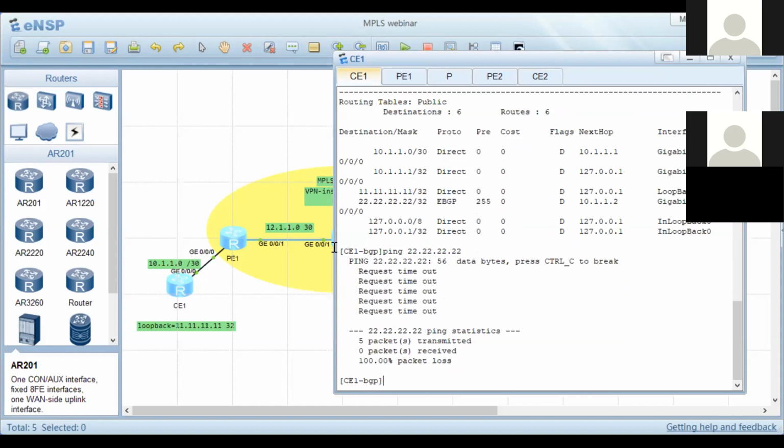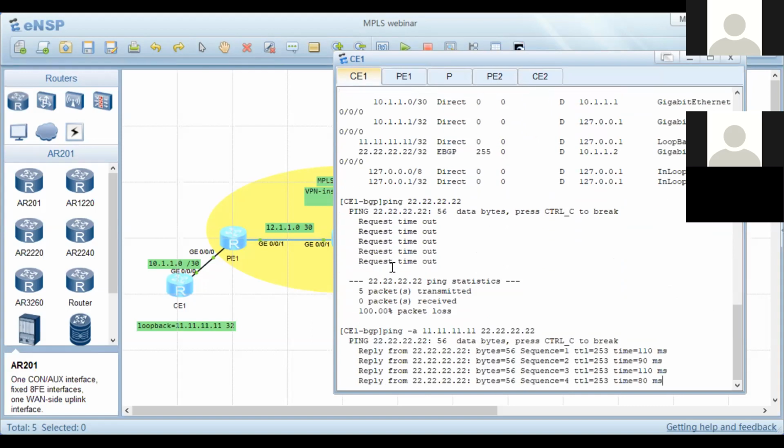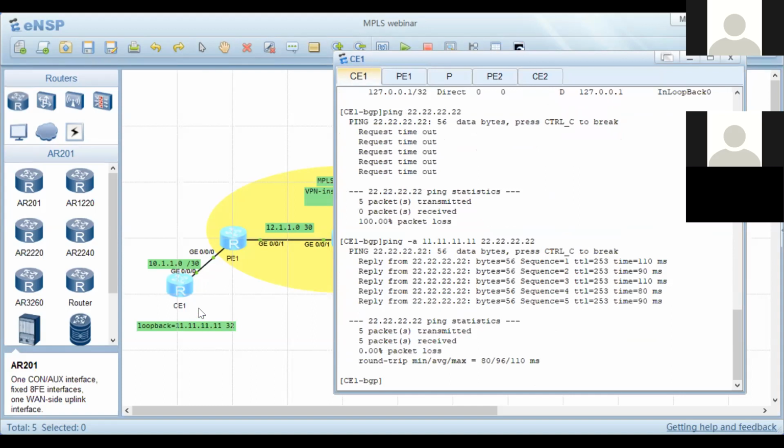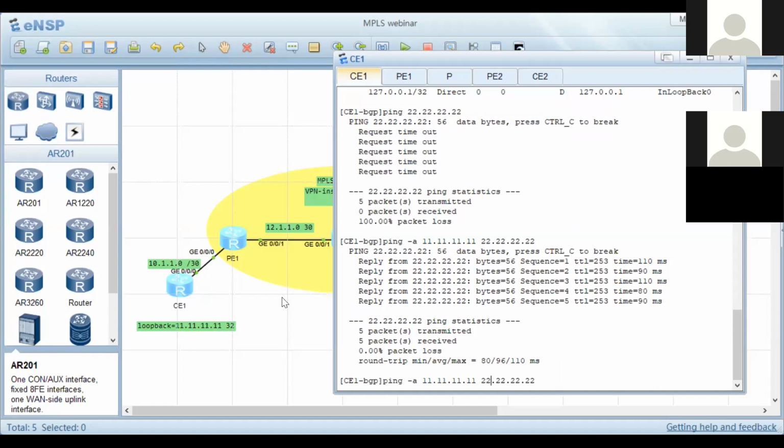So it will have to connect with source of 11.11.11.11 to 20.20.20.20. Now it's working because the ping packet is started from the internal network, and it will go through the internal network, and we can also trace how it goes.